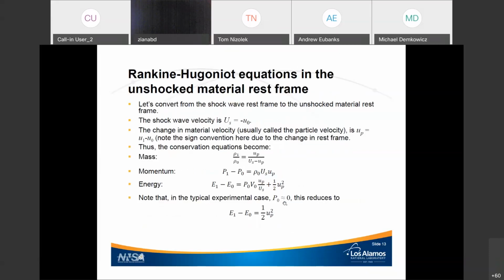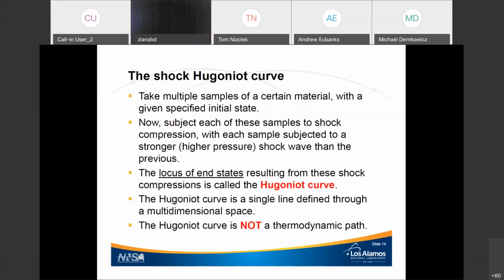So we take a sample and we cut it up into little pieces and do a bunch of experiments where we shock the material, with each sample subjected to a higher pressure shock wave. And then we plot all those shock states on a graph.